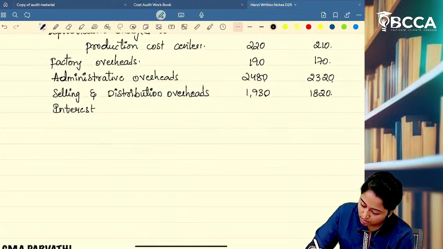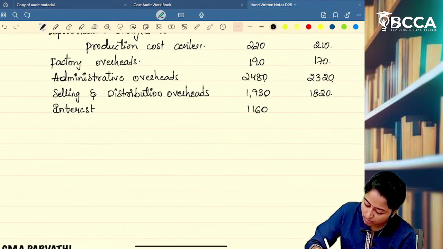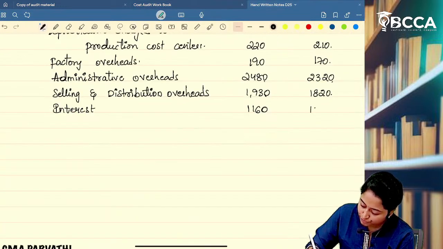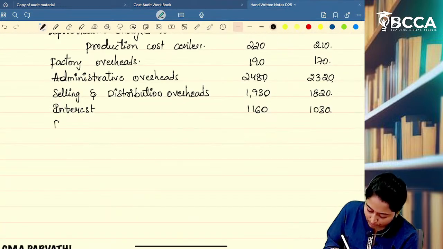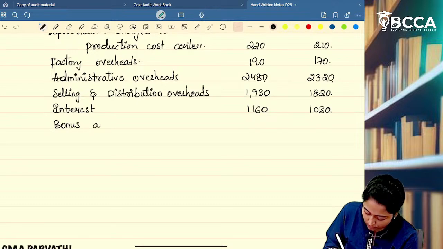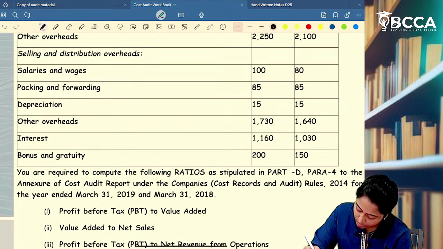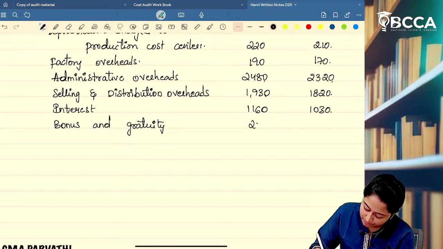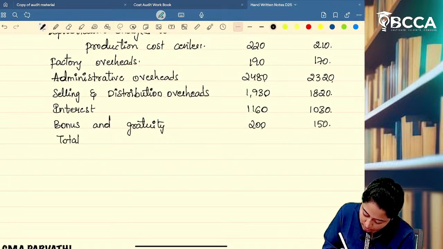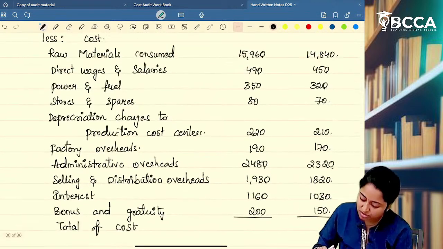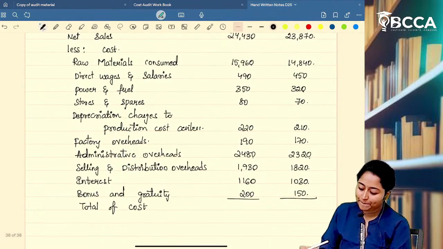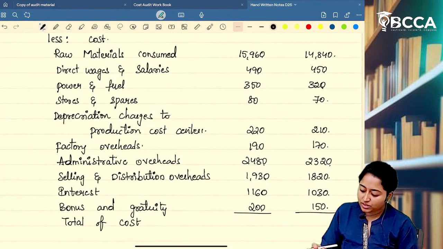Interest 1,160 and 1,030. Bonus and gratuity 200 and 150. Now, total of cost. How much is the total of cost? Give me this total.